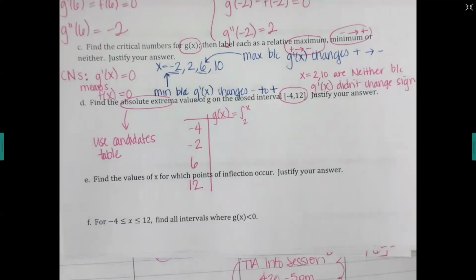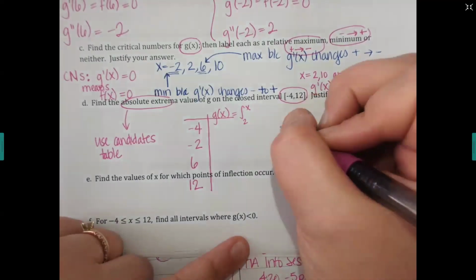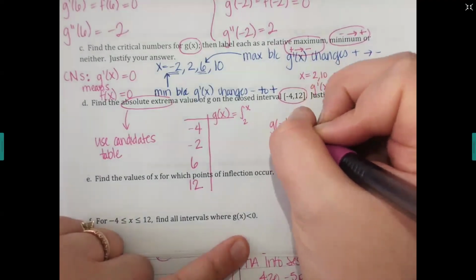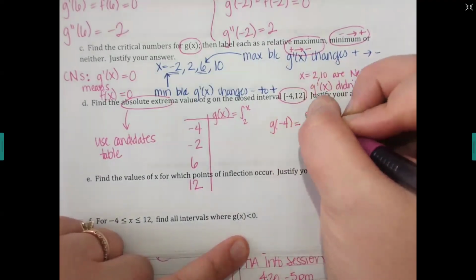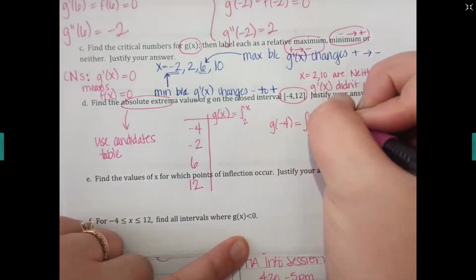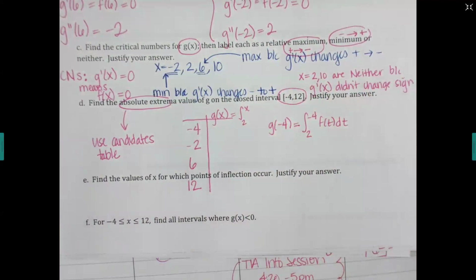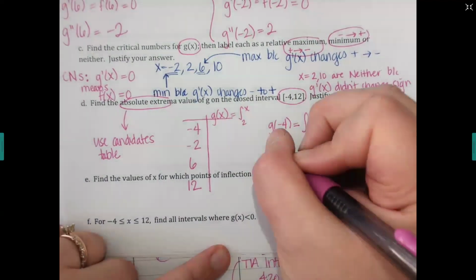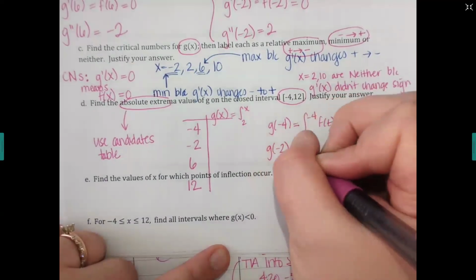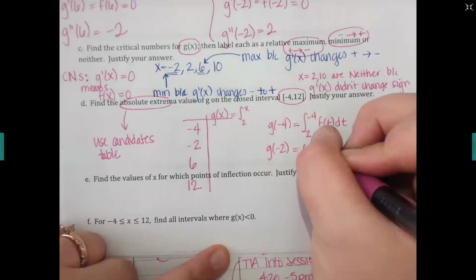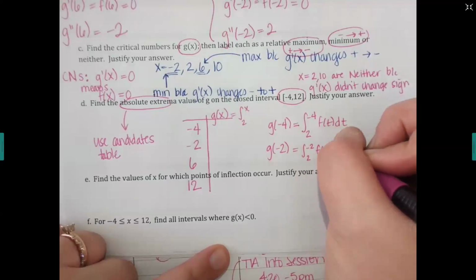So if I wanted to do, let's say, -4, that would be g of -4 equals the integral from 2 to -4 of f of t dt. G of -2 is going to be the integral from 2 to -2 of f of t dt.